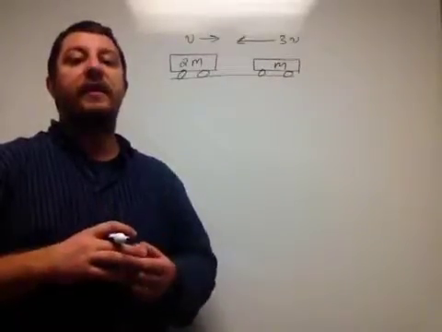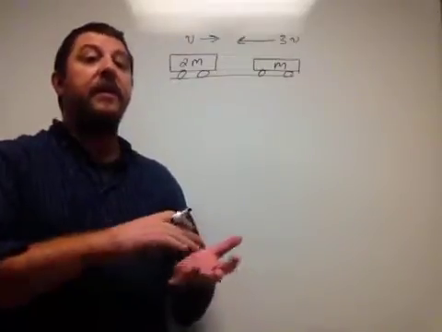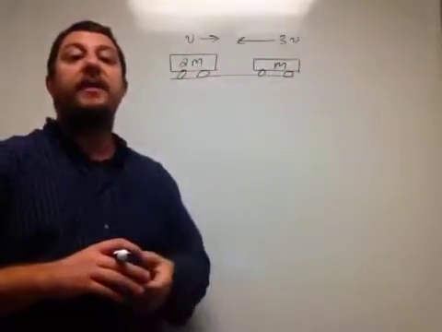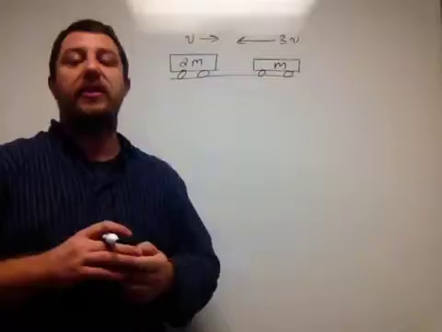So we need to define our coordinate system, what direction we want our velocities to be positive in, and what direction we want them to be negative in. Obviously, our velocities are going to be opposing each other, so it's now important to choose which direction is which.